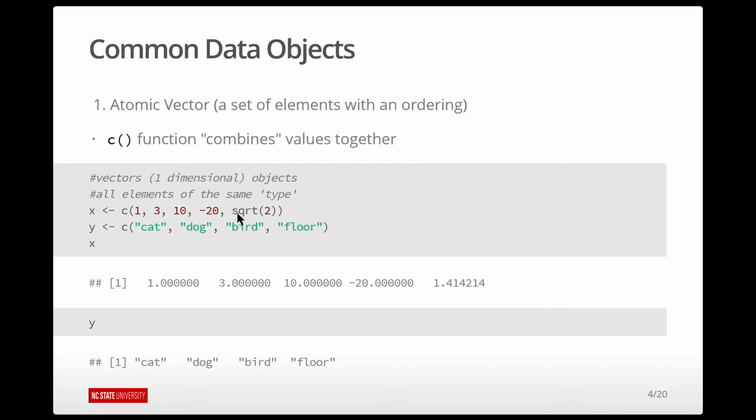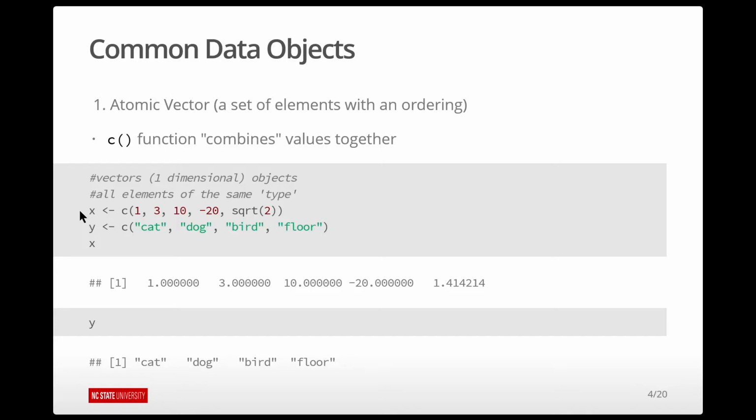For example, in this first one, I'm combining the numbers 1, 3, 10, minus 20, and the square root of 2 into a vector. That's what this notation is saying. c is the function. You use open brackets to start the arguments for the function. We're listing them, separating them by commas. We're going to store that into the object x.